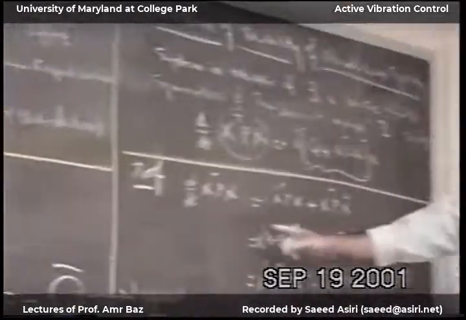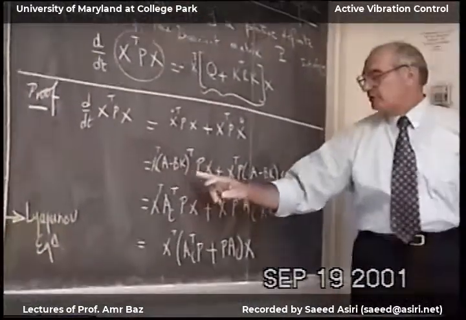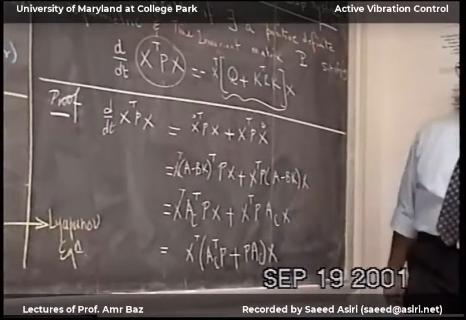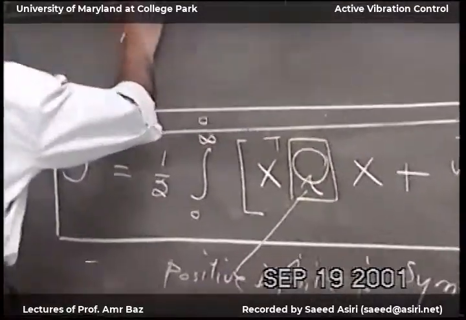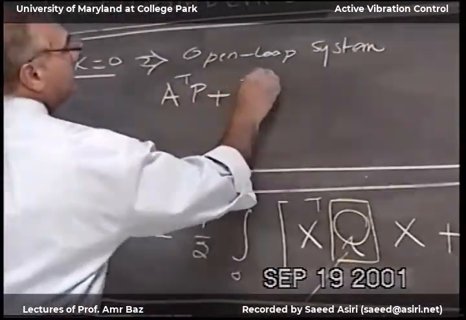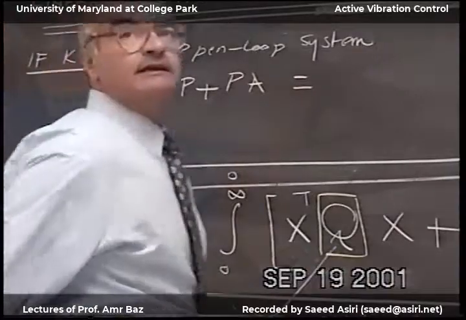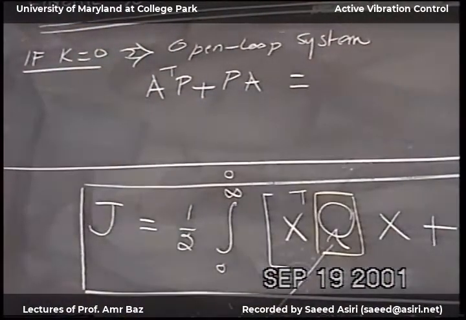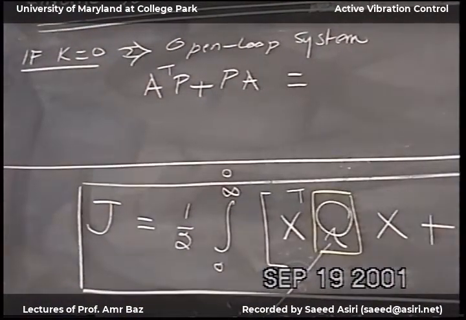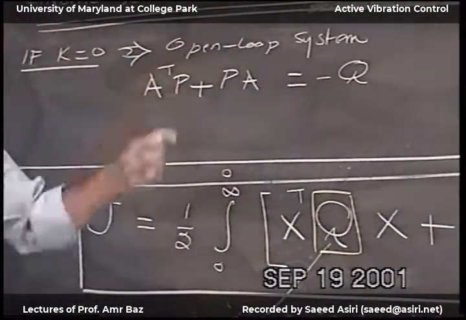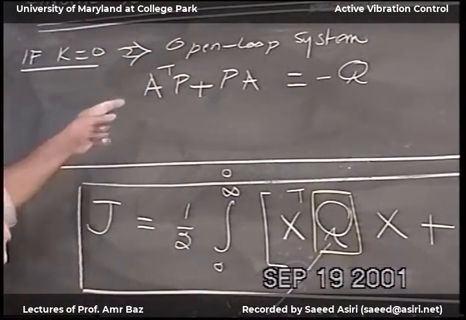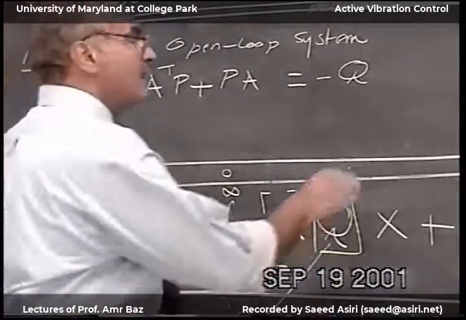I'm going to drop the K from all of this, and A_c becomes A. The right hand side, this will drop and it becomes minus Q. So this again says the open loop system is stable.